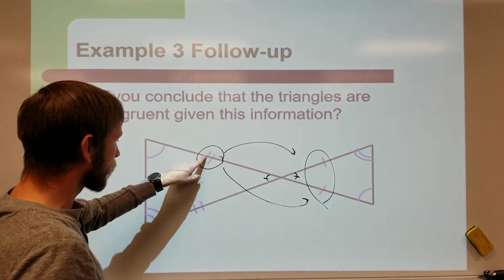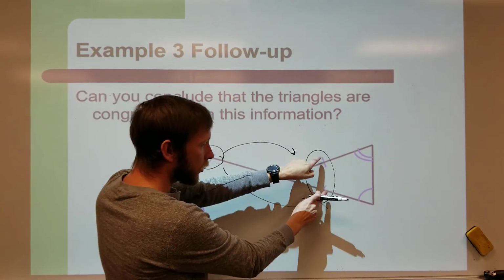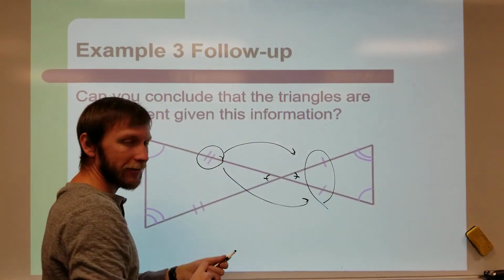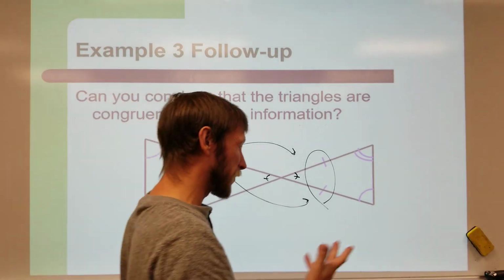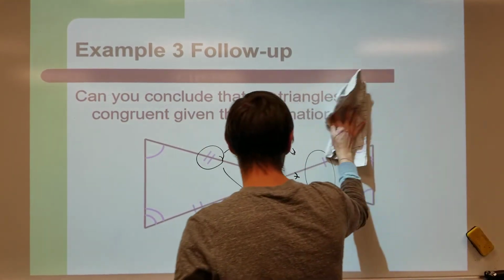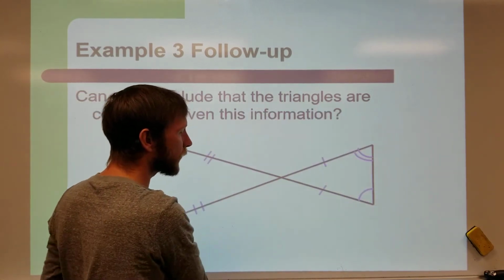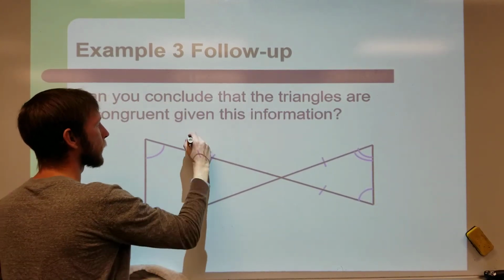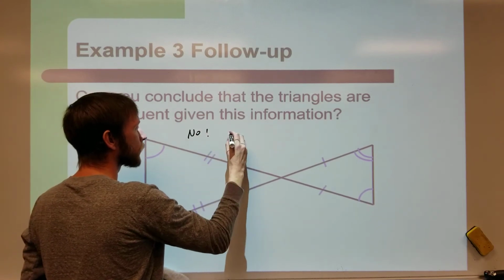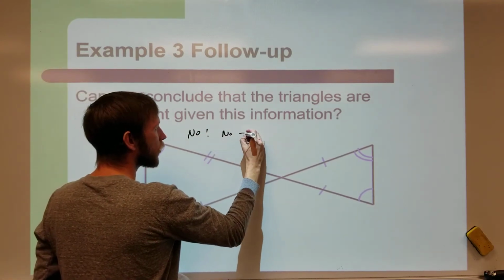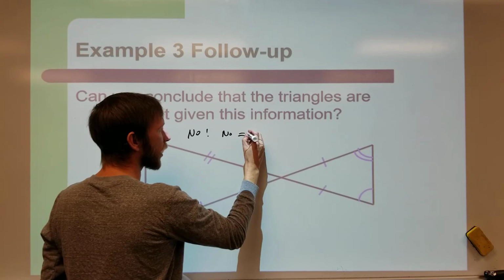All right? These markings, again, mean that these 2 are congruent, that these 2 are congruent, but none of them are necessarily congruent to one another. All right? So my answer here in example 3 would be, no, there's not enough information. And I would say, no congruent sides.